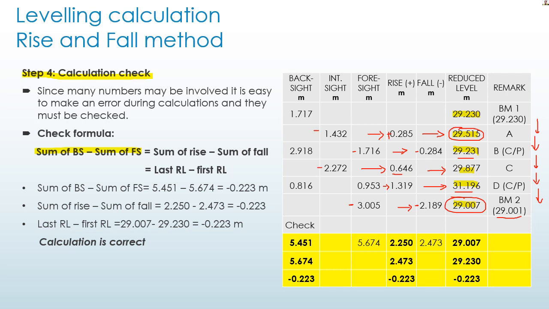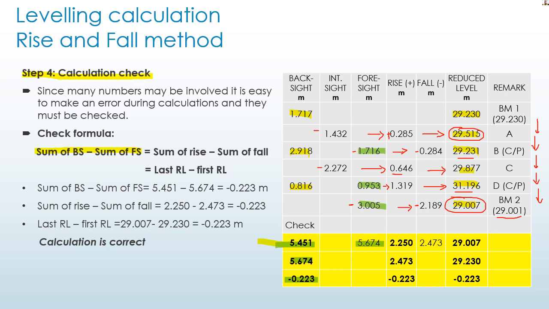Sum of backsides minus sum of foresights. The backsides over here have the sum of 5.451. The foresights over here have the sum of 5.674. That gives you a value of minus 0.223 for the calculation here.